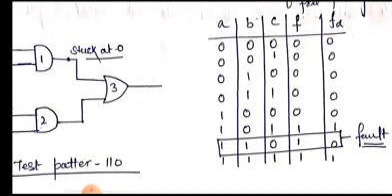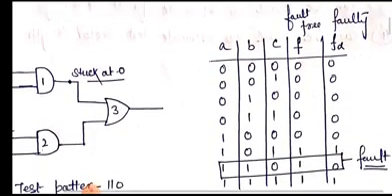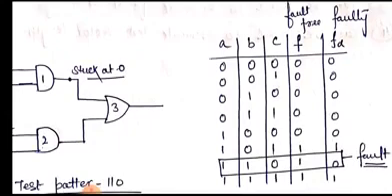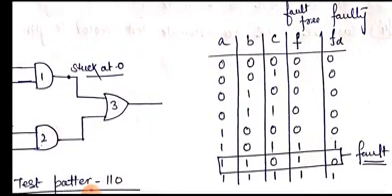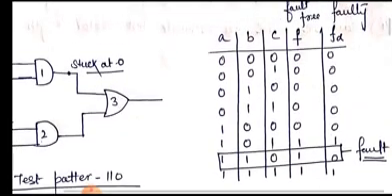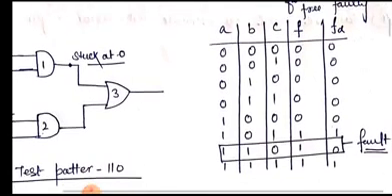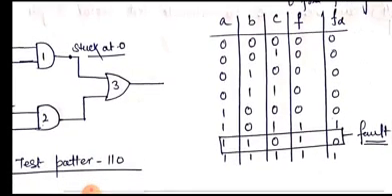For the first six input combinations we get the same output, fault free and faulty, that is all 0s. But after that the fault-free output is 1, while the faulty output we are getting is 0. So at that particular location we have a faulty output.